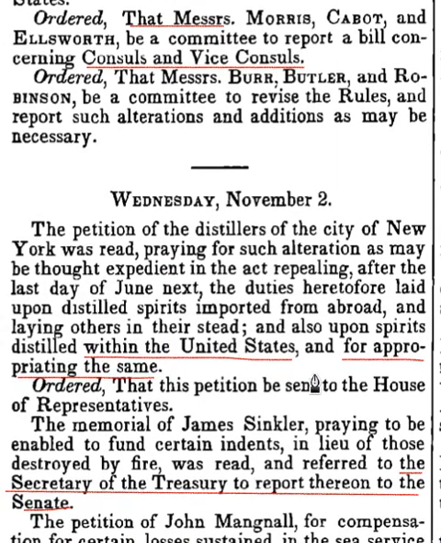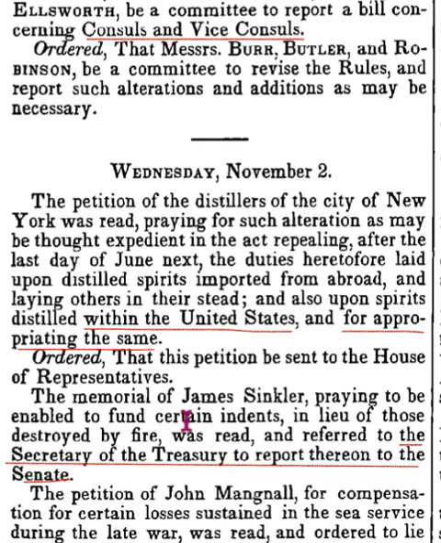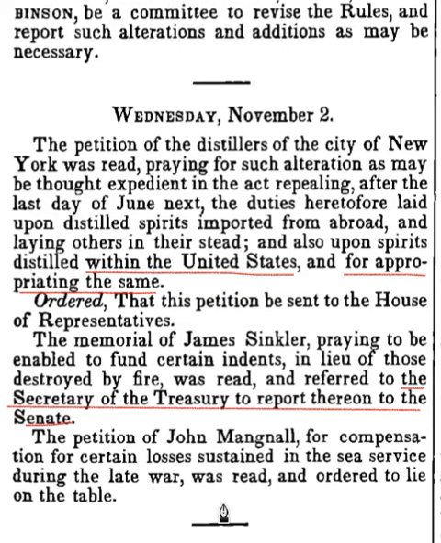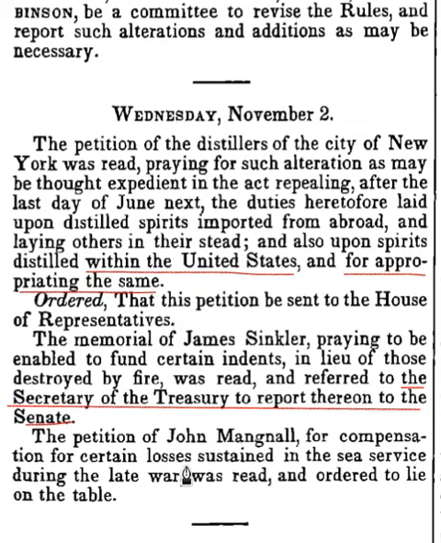Within the United States and for appropriating the same. The Secretary of the Treasury to report thereon to the Senate. The sea service during the late war on the table.